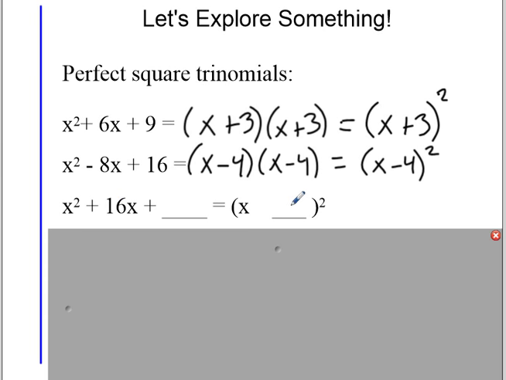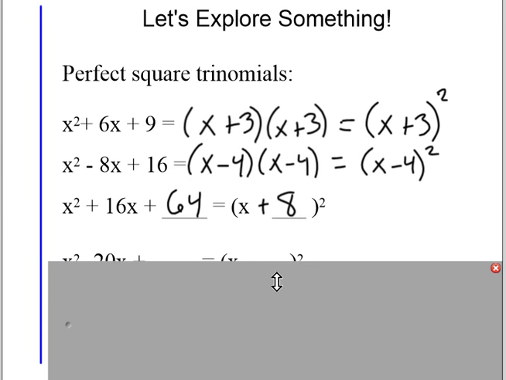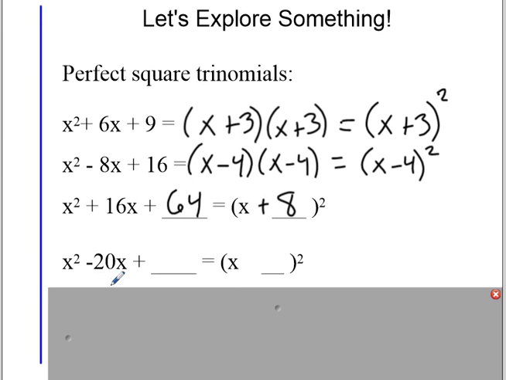That'd be 8. And it'd be a positive 8. So 8 times 8 is 64, or 8 squared is 64. What two numbers make 20 that are the exact same number? Would that be 10? But in this case, we're making a negative 20, so it's a negative 10.